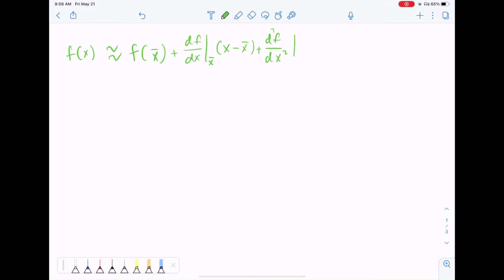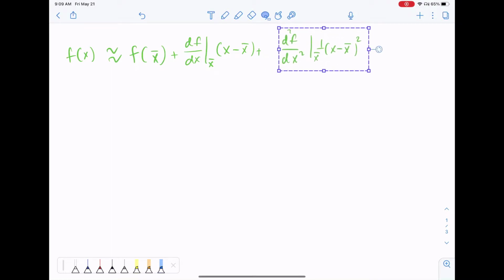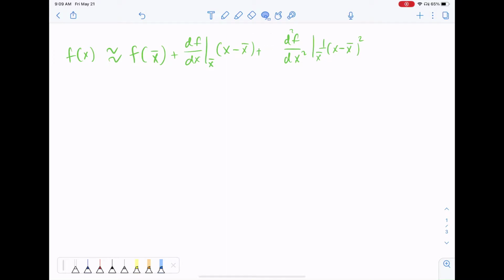The next term has the second derivative squared, evaluated at x bar, times x minus x bar squared, and this is all times 1/2, plus dot dot dot.